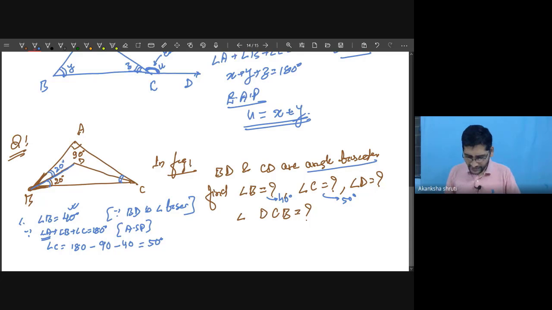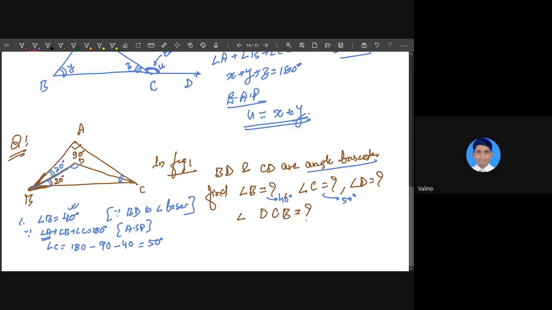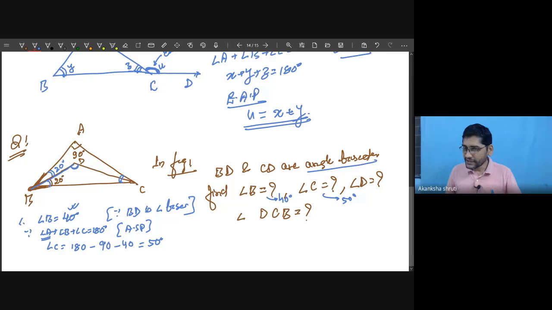After this we need to calculate angle D. Very good. Student, observe this entire angle that we have calculated here, mark it at C, the entire angle is our 50 degree, but CD is also angle bisector.